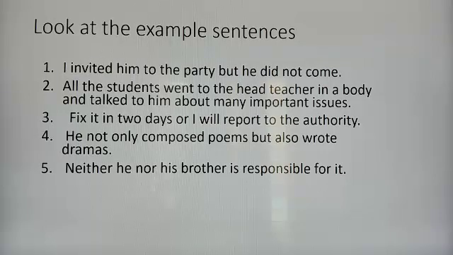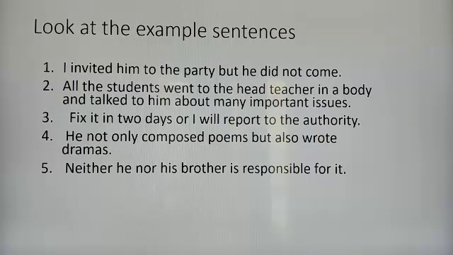So 5 more examples are here. Look at the clauses and look at the example. Good. Have you looked at? So I think by this time you have some idea of compound sentences, how to form compound sentence.